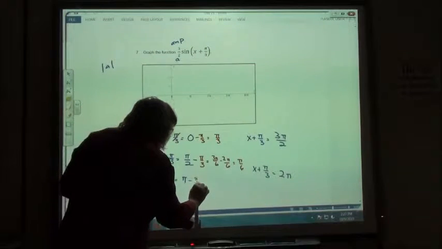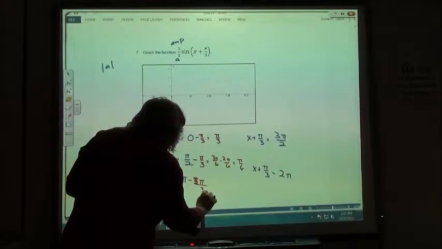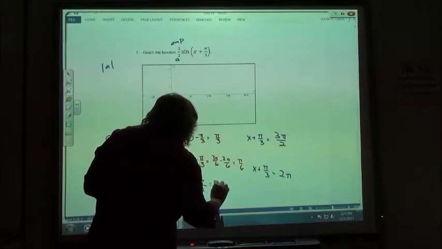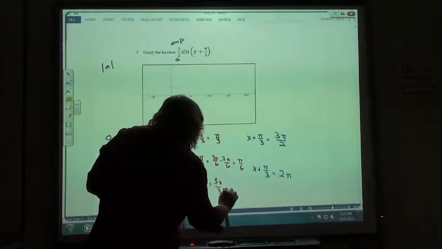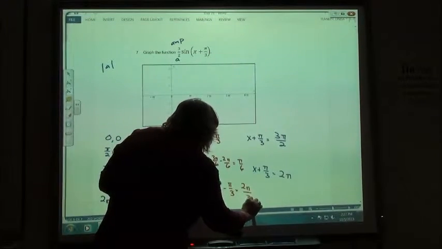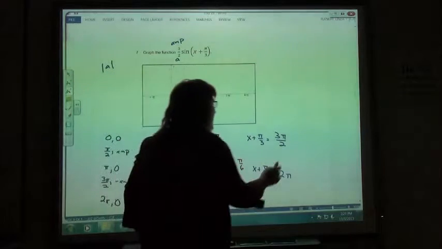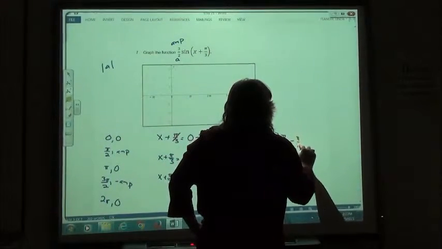Here I'm going to subtract my pi over 3. So I'm going to have 3 pi over 3 minus pi over 3, which is 2 pi over 3. Fun with fractions. Here I'm going to subtract my pi over 3.